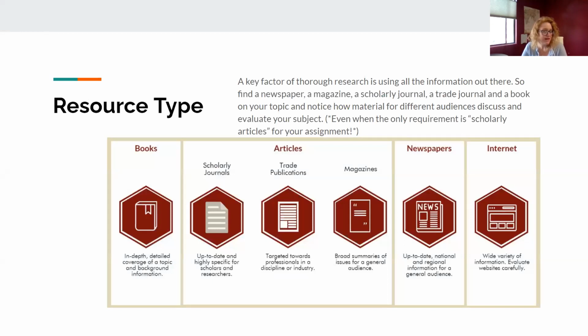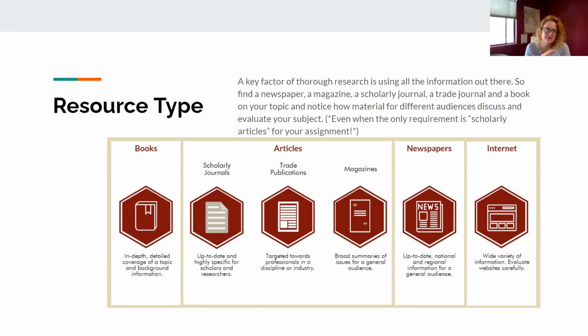There are different resource types that appear along an information timeline. If you're looking at something that happened a month ago, there's not going to be scholarly resources on it, but there might be magazines, newspaper articles, and internet updates. But for something that happened long ago, there'll be more magazines, trade publications, scholarly journals, and books on that.